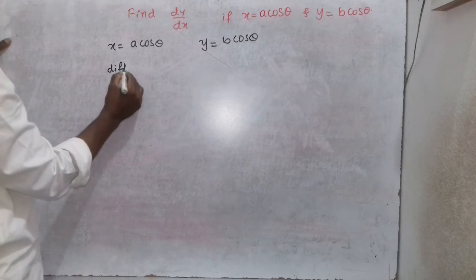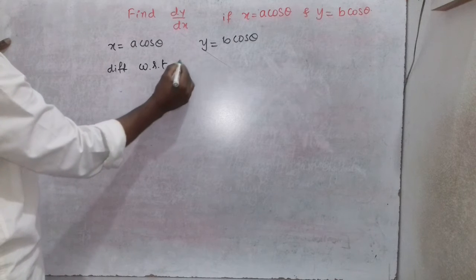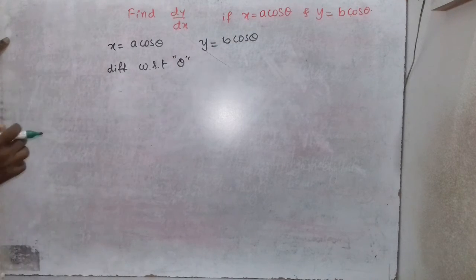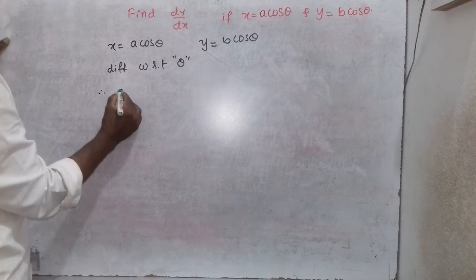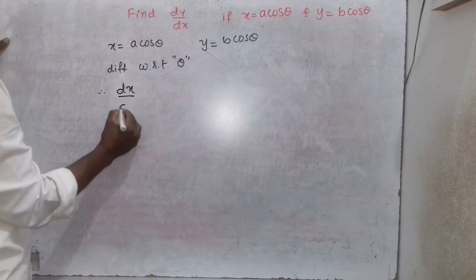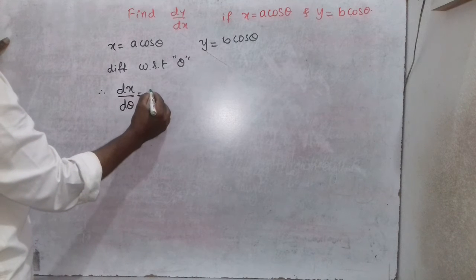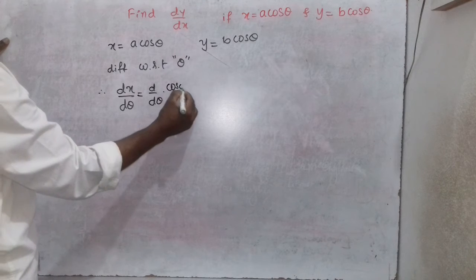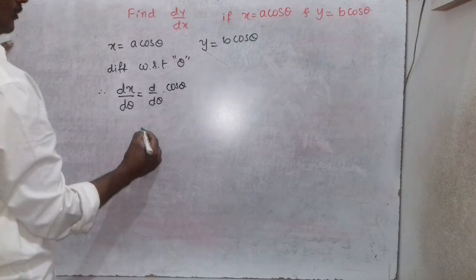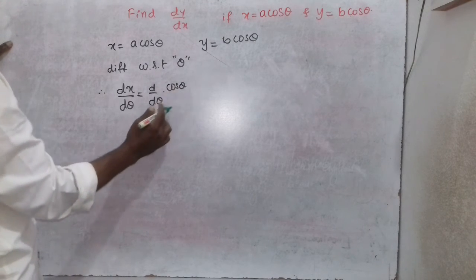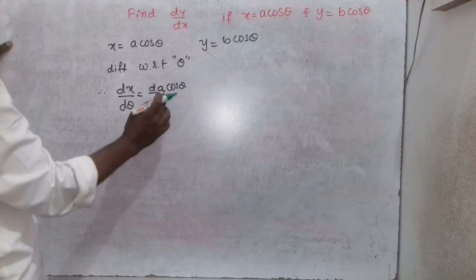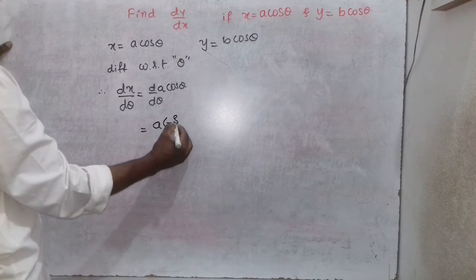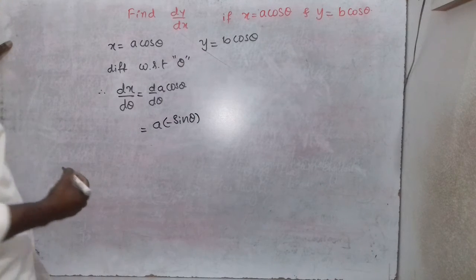Therefore dx upon d theta is a times d by d theta of cos theta, and the derivative of cos is minus sin theta.